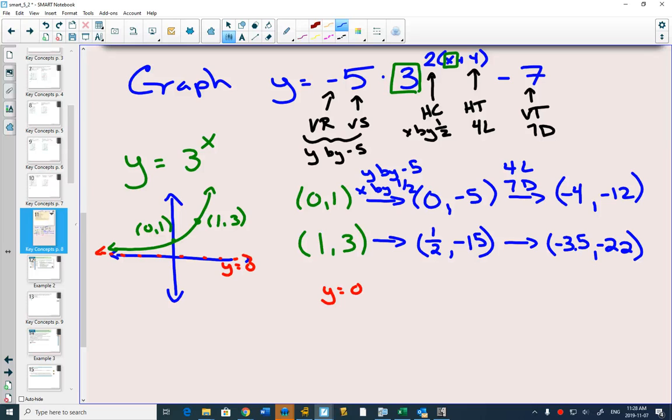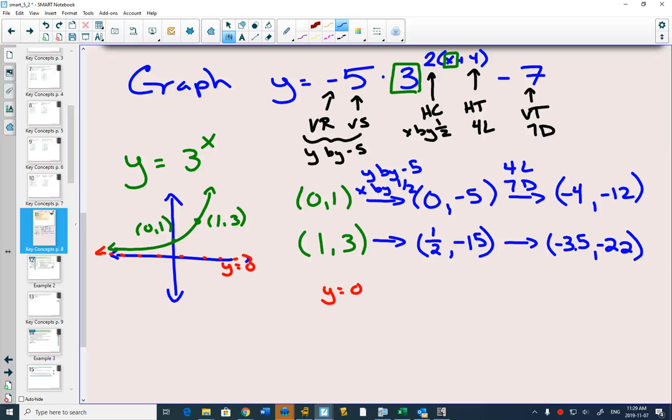If you have an asymptote at y equals 0, nothing that changes the x is going to do anything to this because it's y equals. And if you multiply y equals 0 by a negative 5, it's still going to be y equals 0. The only thing that affects a horizontal asymptote at y equals 0 is if you move it up and down.